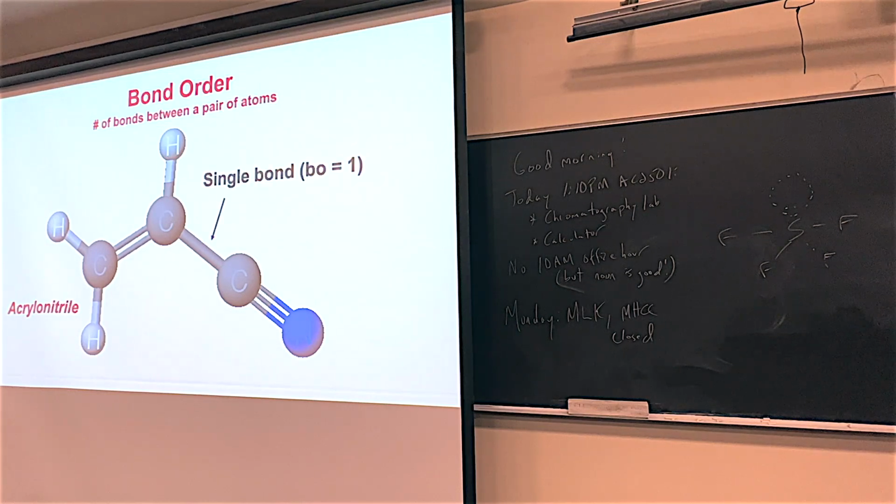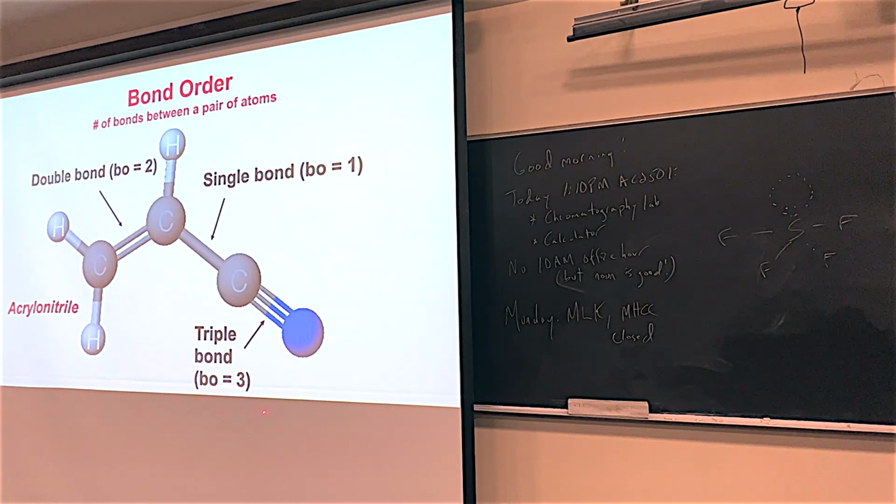Bond order is literally the number of bonds between 2 atoms. So this carbon-carbon bond right here, bond order 1 bond. The double bond between these carbons right here means that this carbon-carbon bond order is 2 lines between them. And this CN here on the end, that would be a bond order of 3. The carbon-hydrogen bonds are all bond orders of 1.